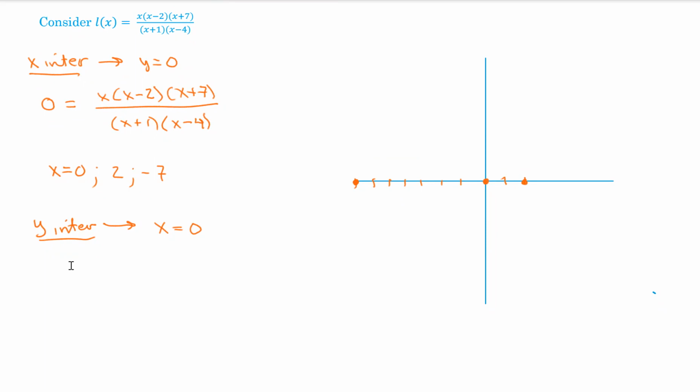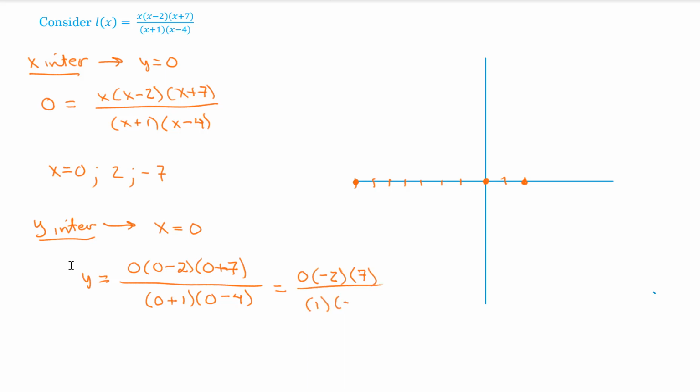So that's going to give me y is equal to 0 times 0 minus 2 times 0 plus 7 over this 0 plus 1. See it? I'm just plugging in 0 for x. And then 0 minus 4. This is going to give me 0 times negative 2 times 7 over 1 times negative 4.